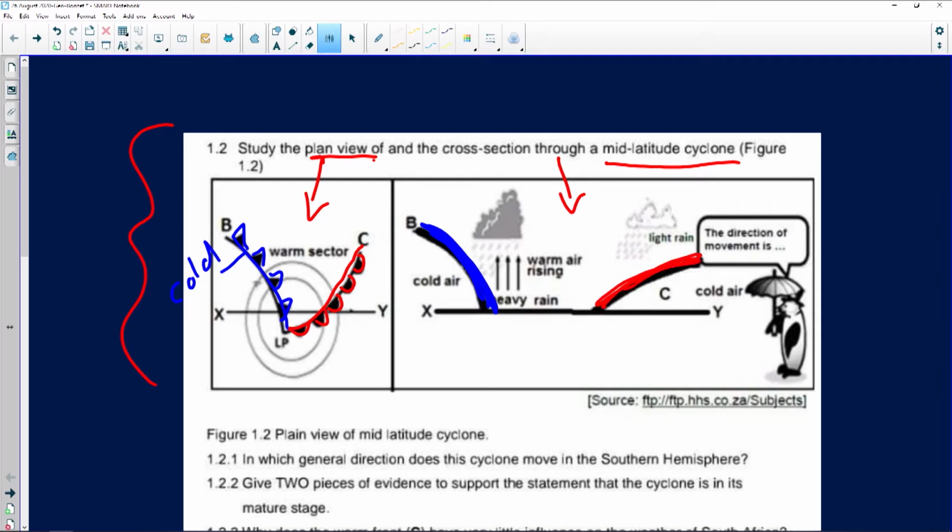Before I continue, let's quickly define what a front is. A front is the leading edge. A front separates two different masses of air. So when we see a front, on the one side there's going to be a different mass of air, and when we talk about two different masses of air, we're talking mainly about the temperature. So what does a front do? It separates two masses of air.